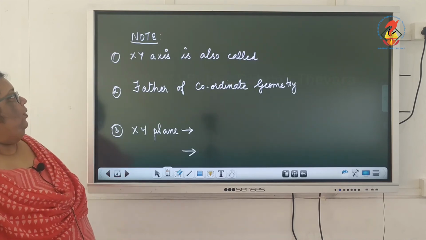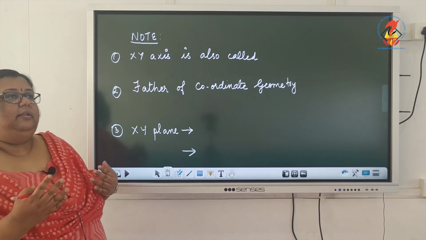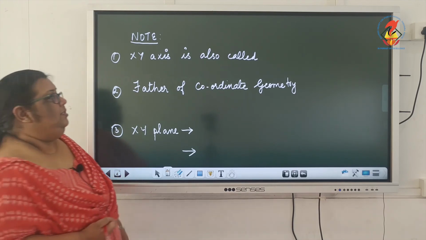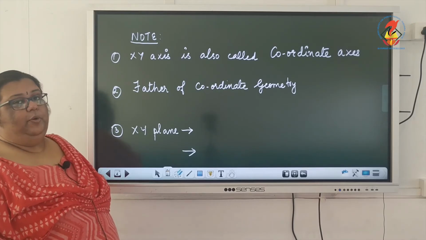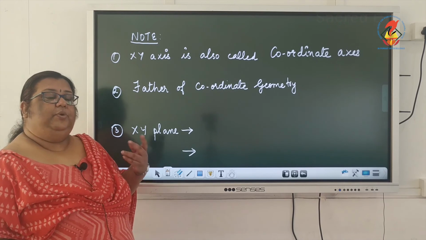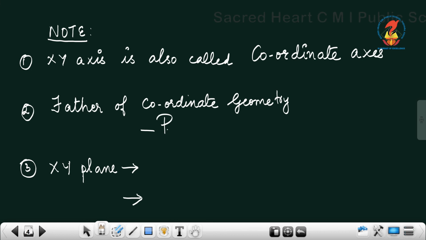Then there is a note. The other name for the xy axes is coordinate axes. So the xy axes are also known as coordinate axes. Then the father of coordinate geometry, the person who invented coordinate geometry, we call him René Descartes.